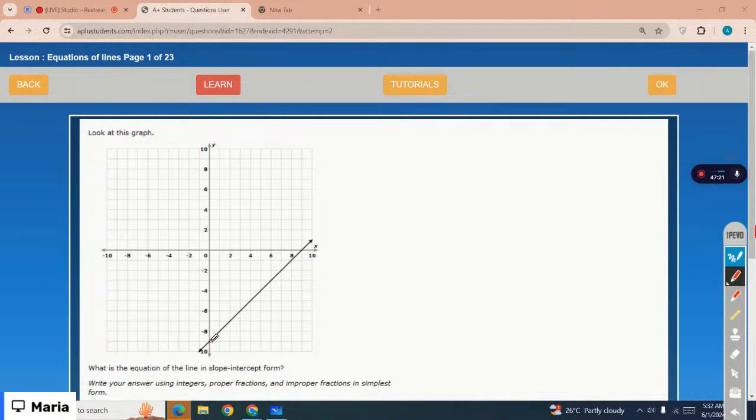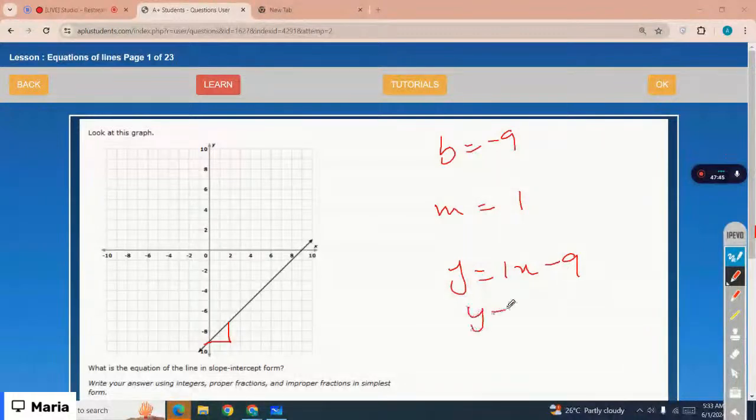So here is the y-intercept. Y-intercept is the point where the graph is passing through the y-axis, that is -9, right? So the y-intercept is b equals -9. The other thing you need to find is the slope. The slope is 1, so in y equals mx plus b, that is y equals x minus 9, which is the correct option.